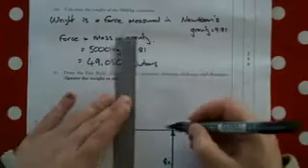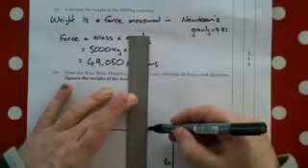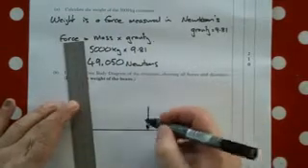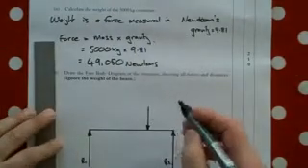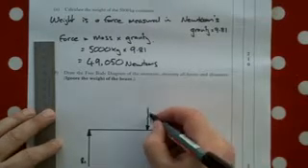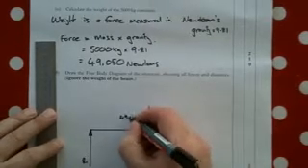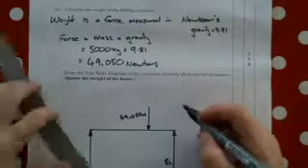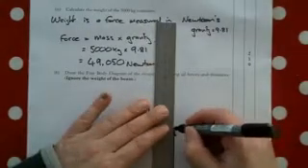The other force that we've got here is the force of the container, which is in a downwards direction, and we know now that that is 49,050 newtons.